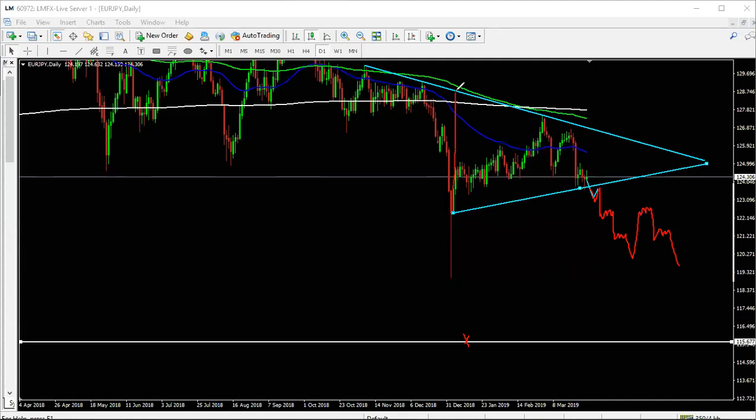Now, what I have realized is on the daily chart, this pattern usually yields around 100 pips very quickly because of the momentum that is being built up inside. The closer it gets to the peak of this triangle, the stronger the momentum is going to be. It's like a spring. You know, if you have a spring, right?